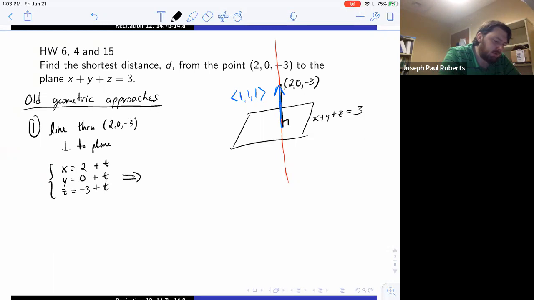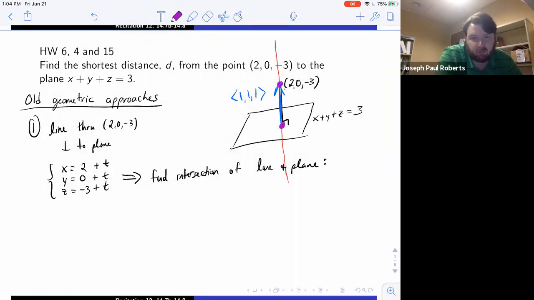And then we'll find the intersection point of the line and the plane. Right? Because at the end of the day, the point that we're looking for to calculate distance between is going to be right there, that purple point on the plane.